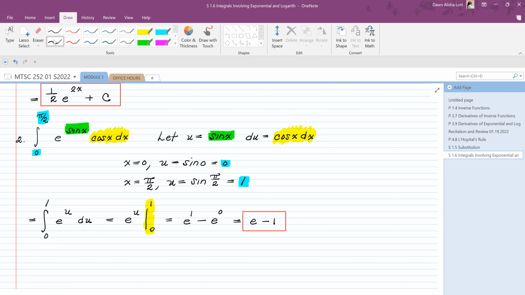Once I translate them, then I can put them in. And then I have an evaluated problem. I'm going to get a number, not a function, just a number. Questions?